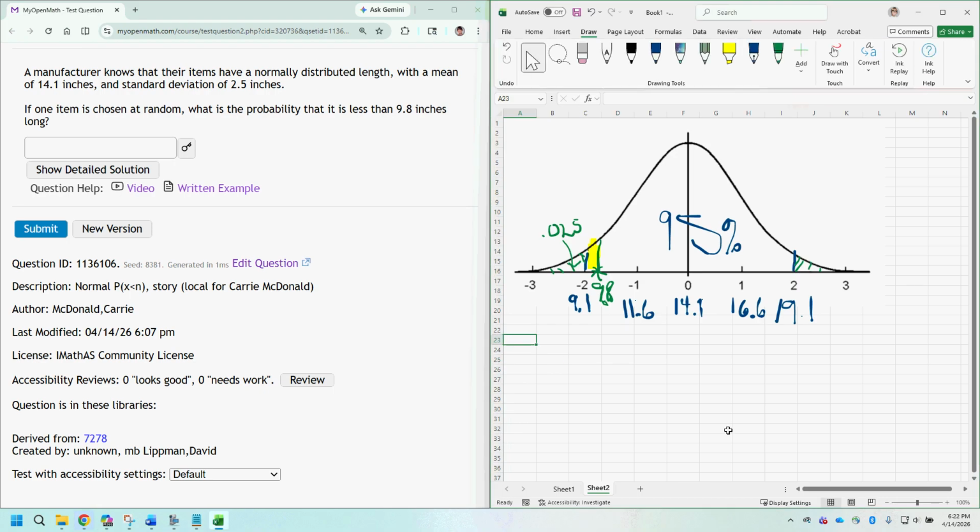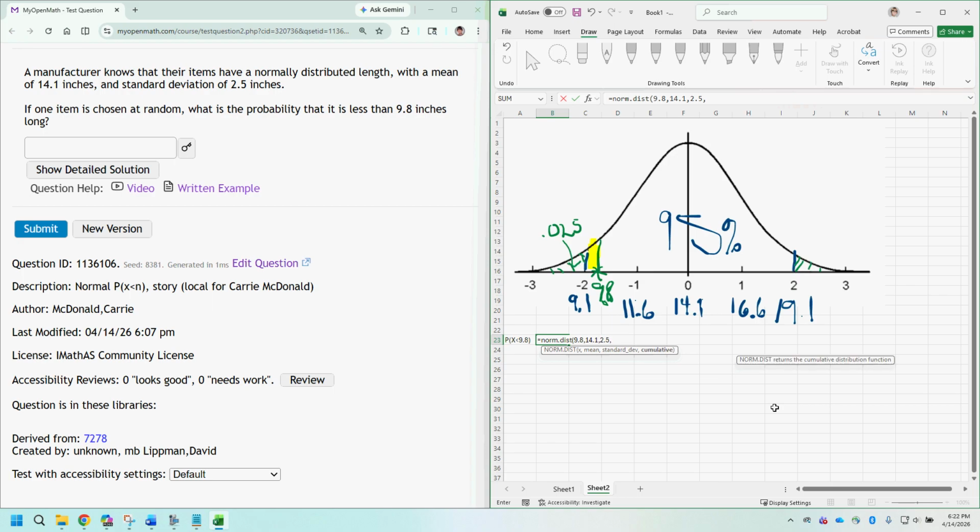Now, using technology, the probability that a randomly selected length would fall less than or equal to 9.8 inches, I can find that using NORM.DIST and put in the x value of 9.8 with a mean of 14.1 and a standard deviation of 2.5.